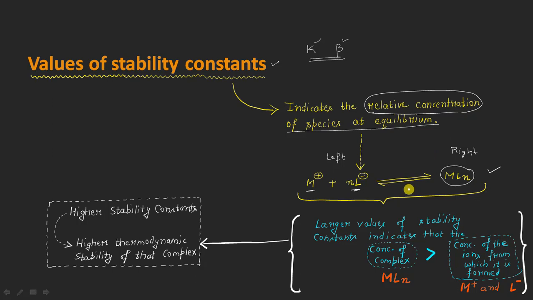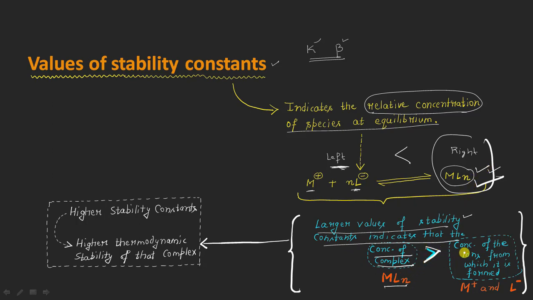A larger value of the stability constant will indicate that the concentration towards the right hand side, I mean the complex, will be greater as compared to that of the ions from which it is formed, which are present on the left hand side, right? So the larger values of the stability constant indicate that the concentration of the complex will be higher as compared to that of the ions from which it is formed, I mean the M positive and these ligands here, right?